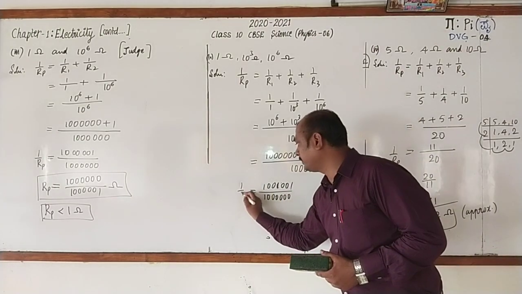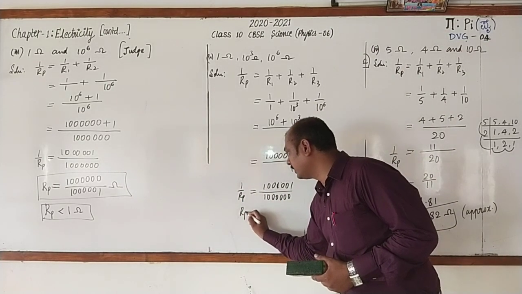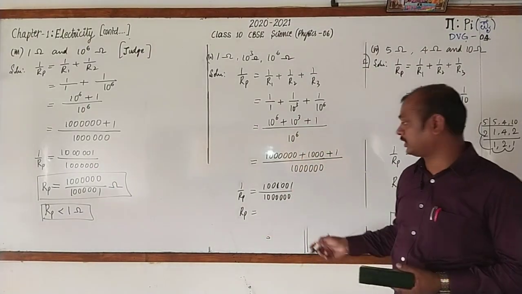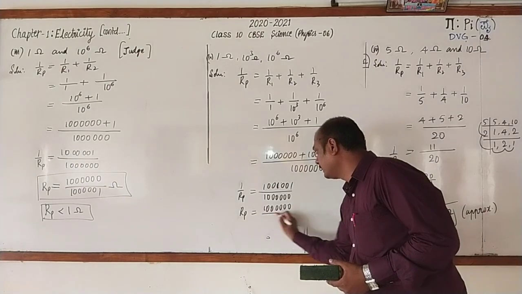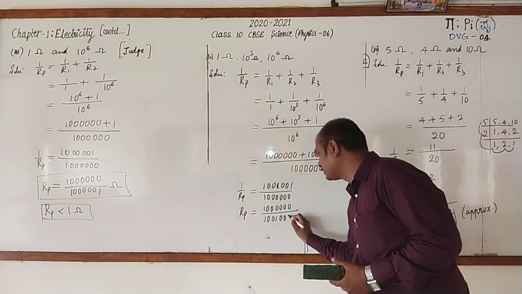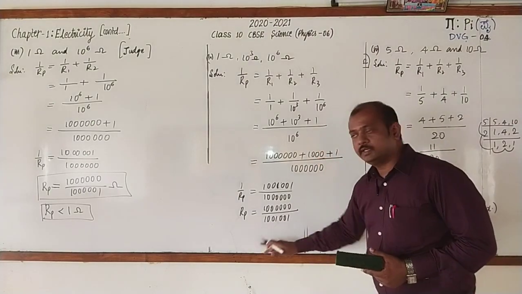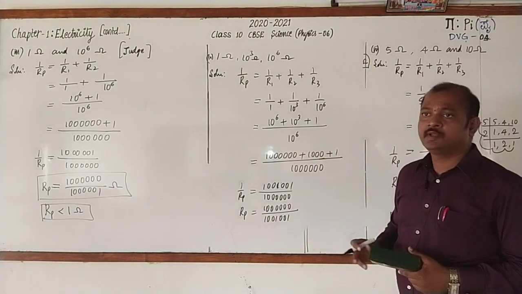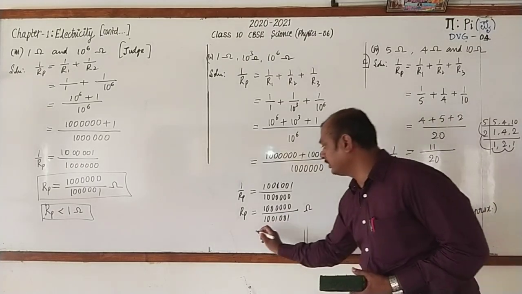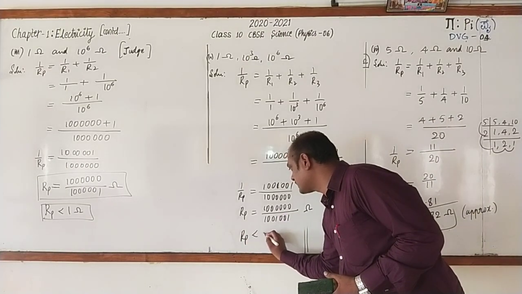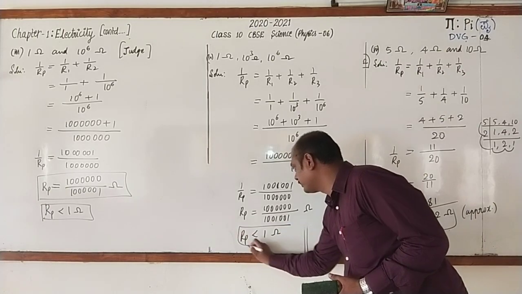This is 1 by Rp. But we want only Rp. Take the reciprocal, it is 10 lakh divided by 10 lakh 1001. Again, here also the numerator is smaller than the denominator, hence it is less than 1. Rp is less than 1 ohm.